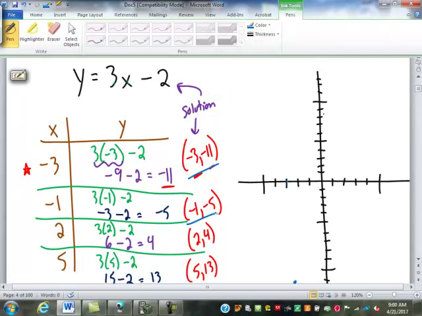I have x is -1 when y is -5, is right there. X is 2 when y is 4. X is 5 when y is 13. And if I had done my graph well here, you see that comes out to be a straight line.